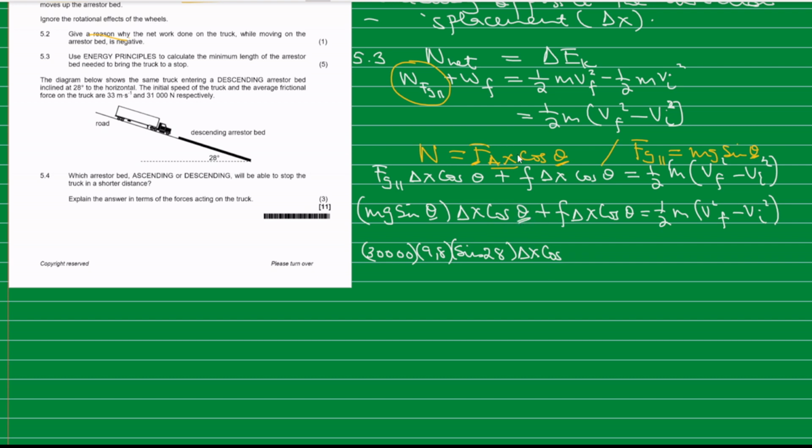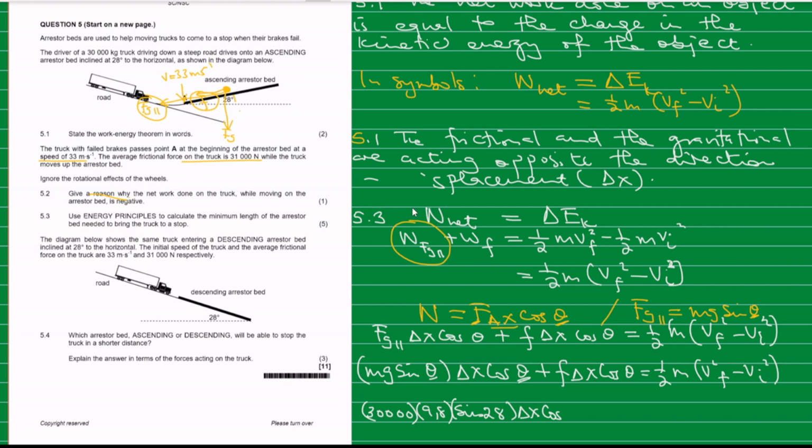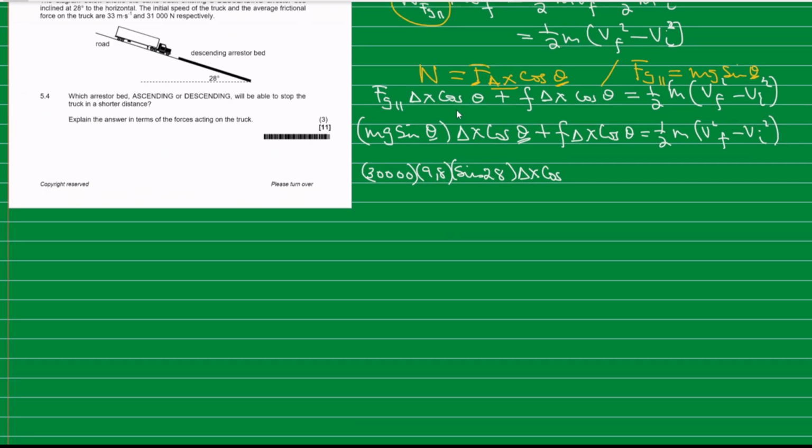Theta is the angle between the force and the displacement. As we have found, our displacement is up the incline. That is the direction of the displacement. Our Fg parallel is acting in the opposite direction, so the angle between them is 180 degrees, so we have cos 180. That also applies to the frictional force.